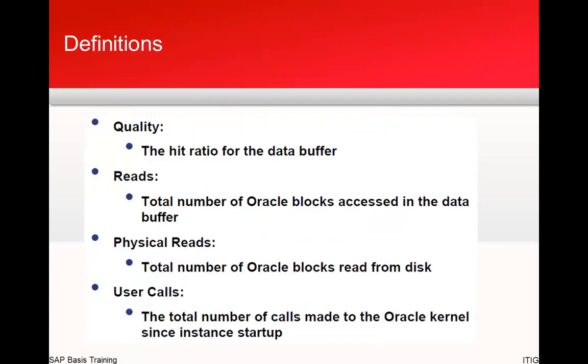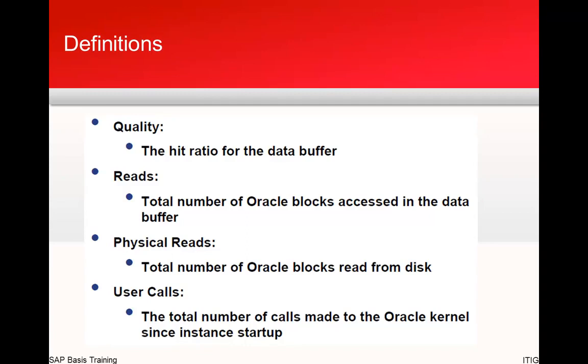Next slide. These are a few key terms for performance. First is the quality, the hit ratio for the data buffer, that is how much percent is coming from the data buffer and how much percent is coming from the database.